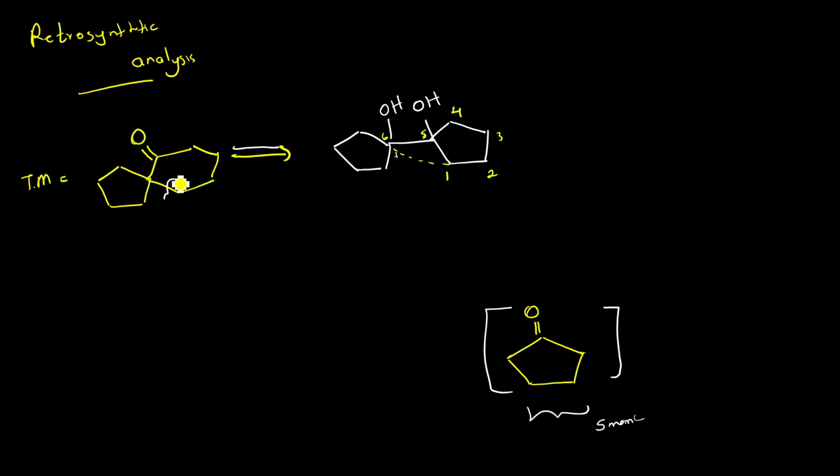So what I have done is, I have broken the bond here and formed 2 5-membered rings. Let's move on with it. Now you know what happens here.